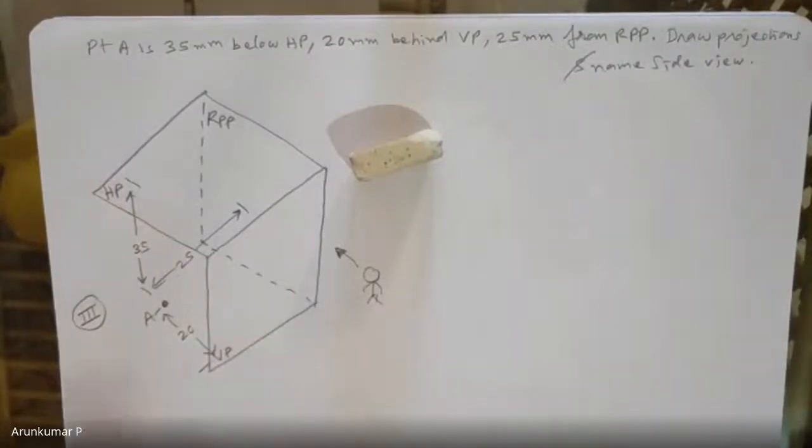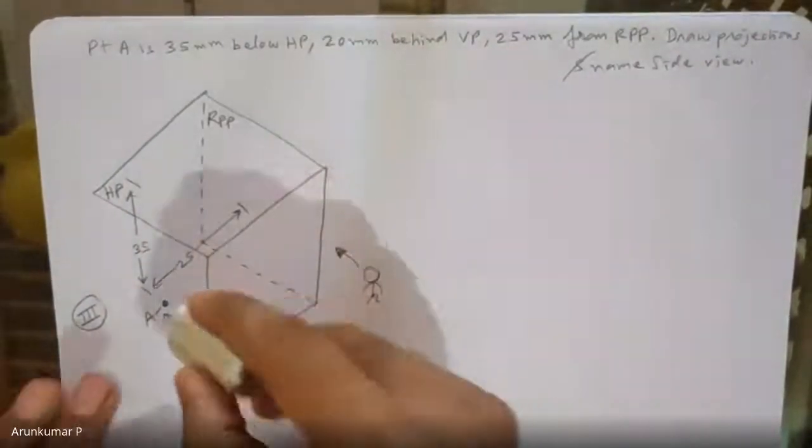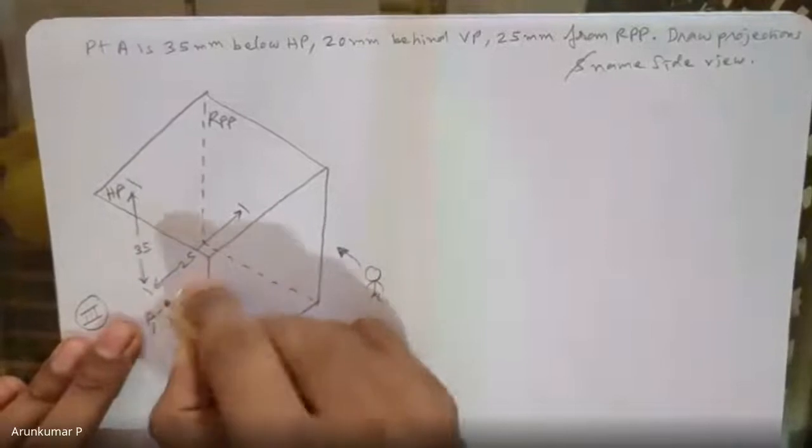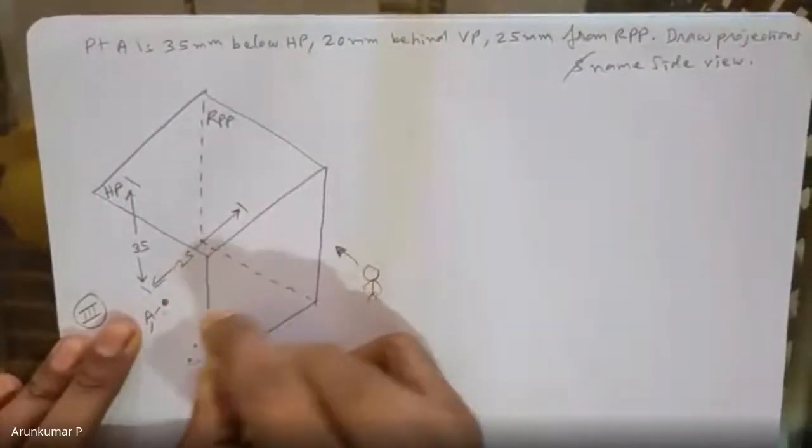So this is the point A. I'll draw this to the side.